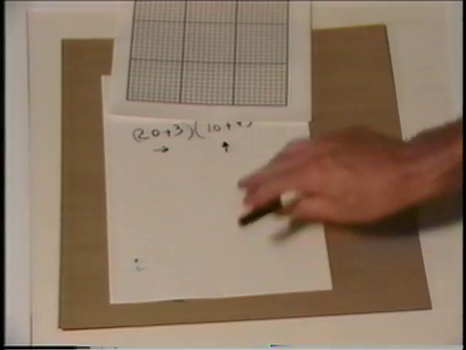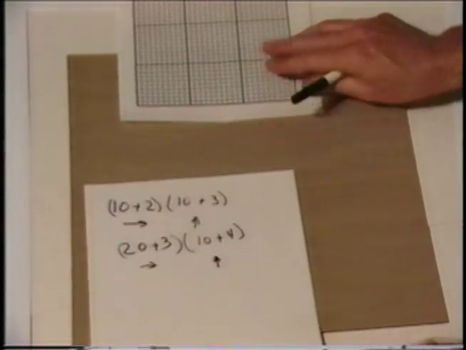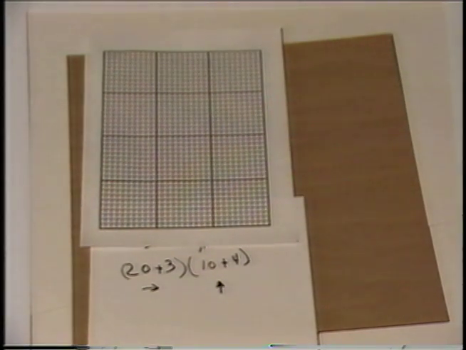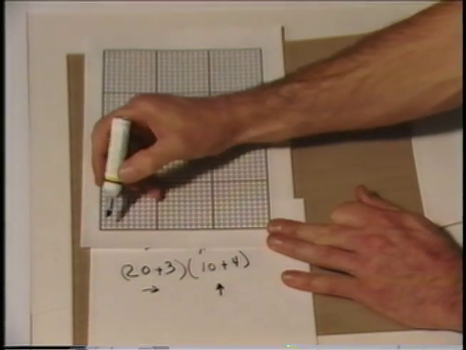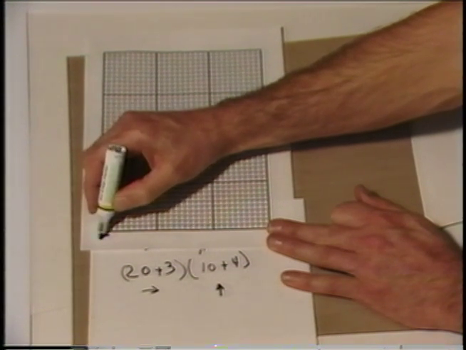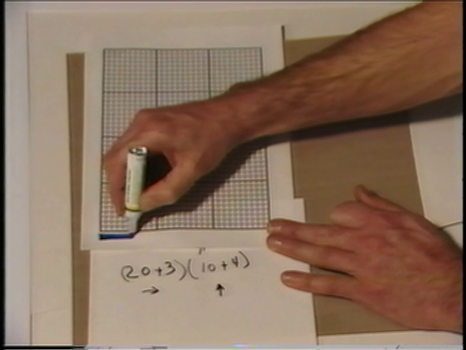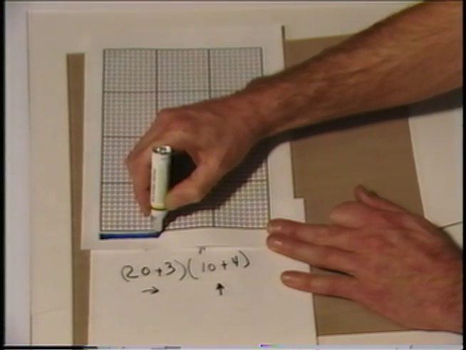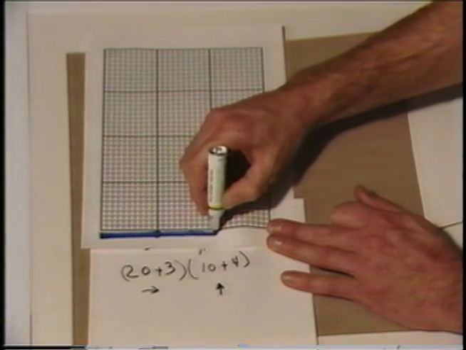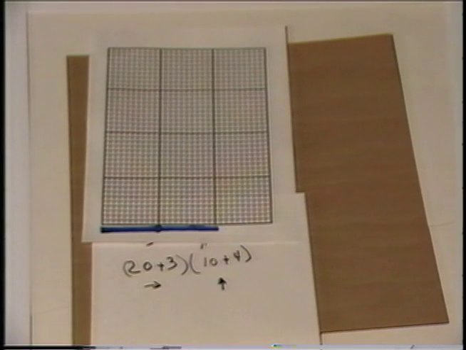And we'll slide this down here and place this. Okay, we must be over 20 plus 3, or 2 bars plus 3 units. Okay, let's trace over. Over 1 bar, over 2 bars.